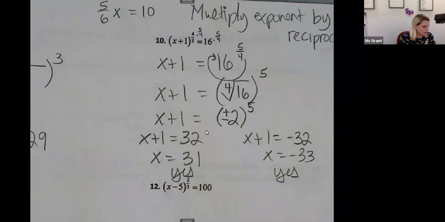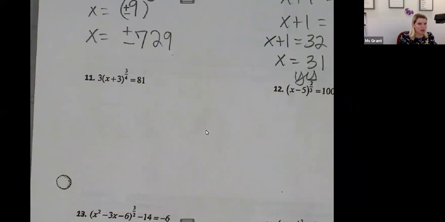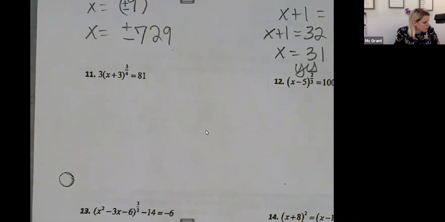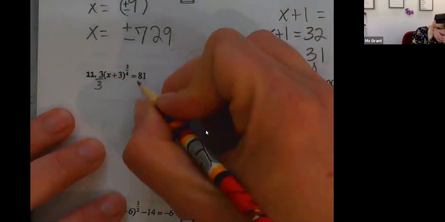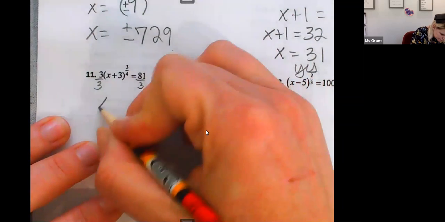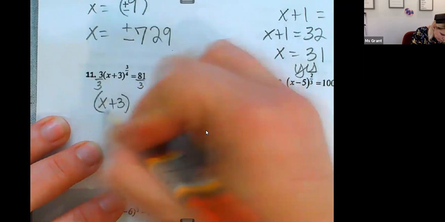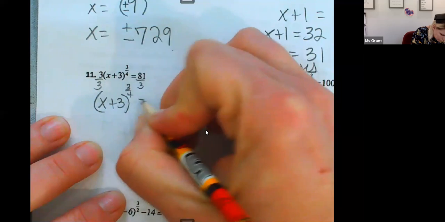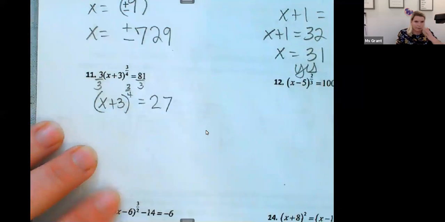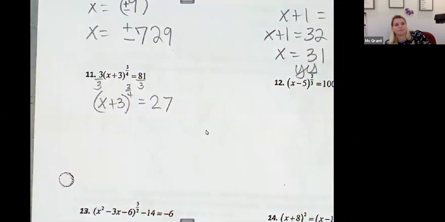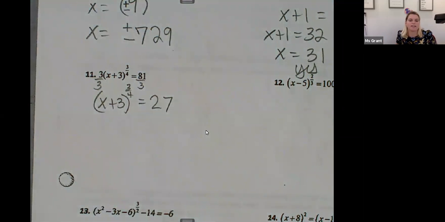On this next one, it's an even power, and we're not going to have any plus or minus. First job, divide by 3. Get rid of that coefficient in front, that 3.